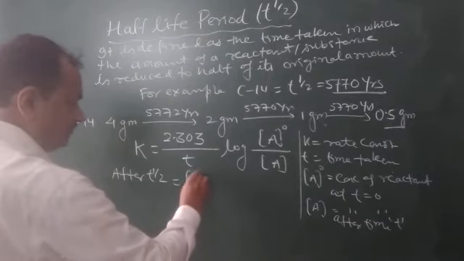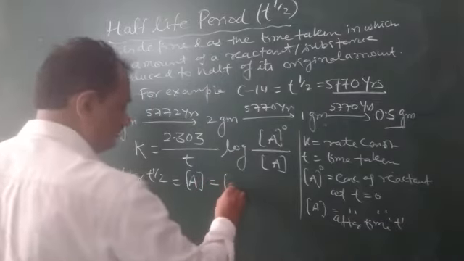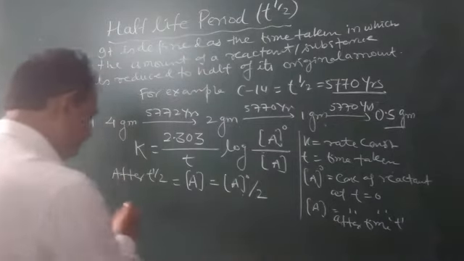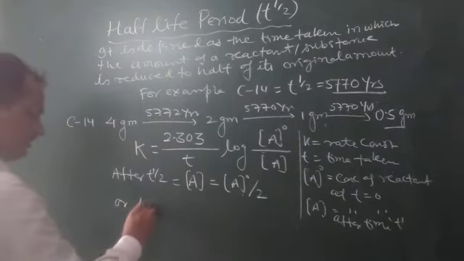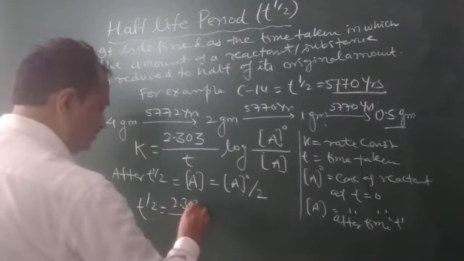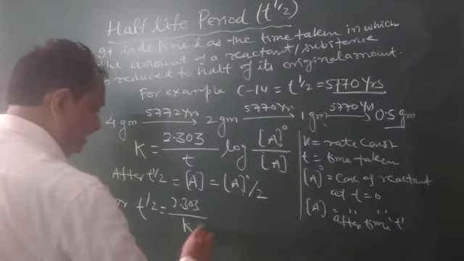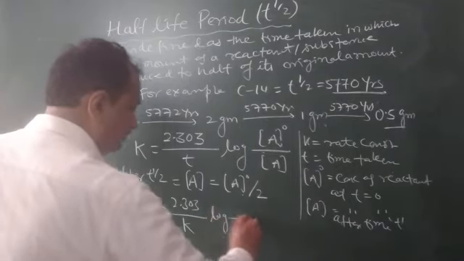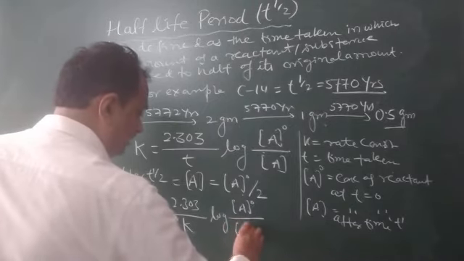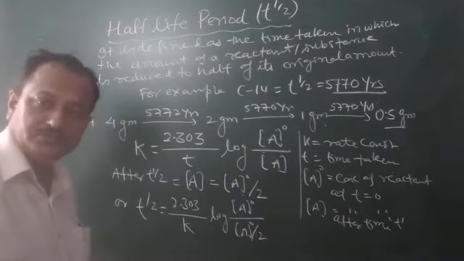So A will be equal to A naught by 2. So we write T half is equal to 2.303 upon K log A naught upon A naught by 2.